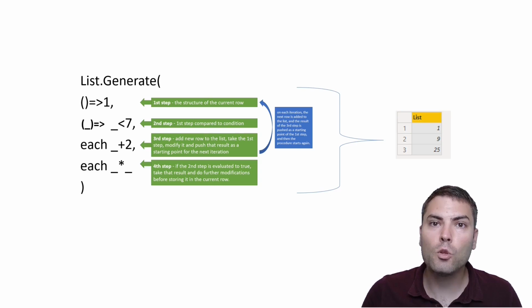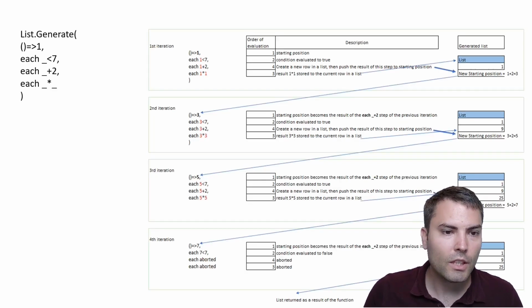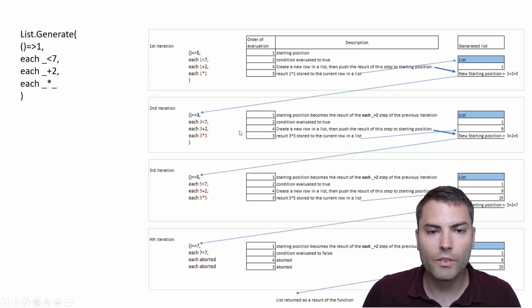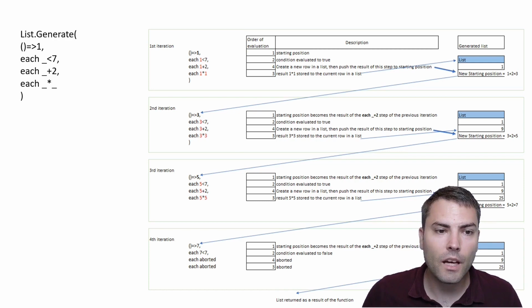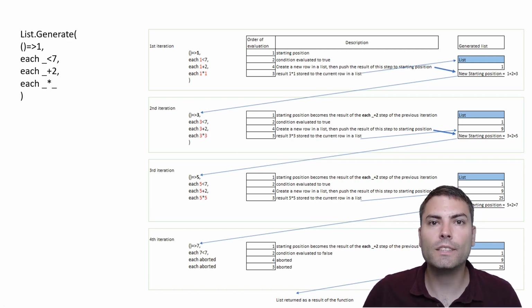If we apply that to our list, this is what is going on. So it has a lot of text, but it will soon become clear. We replaced the underscore sign with red numbers to emphasize what is happening in each iteration. As we can see, the initial state, the starting position, is always entering the function and remains stable for the duration of the current iteration.